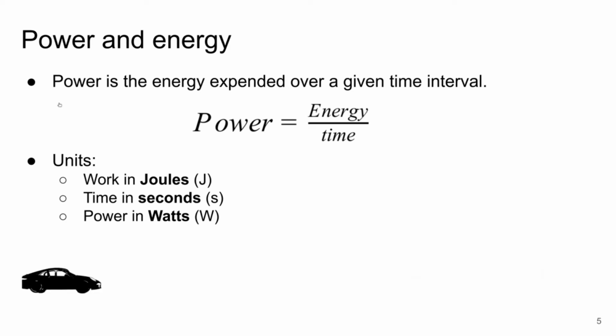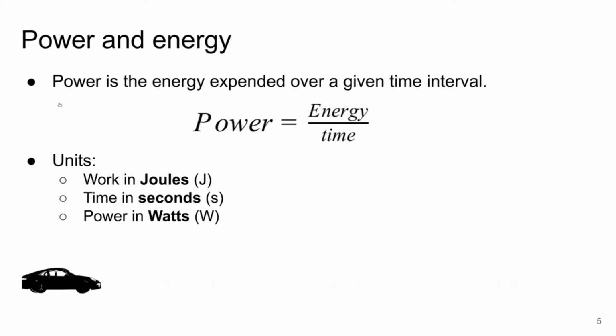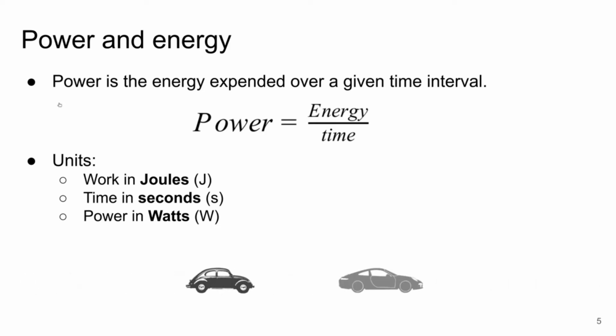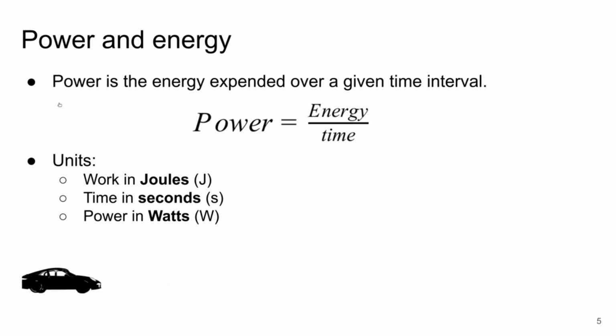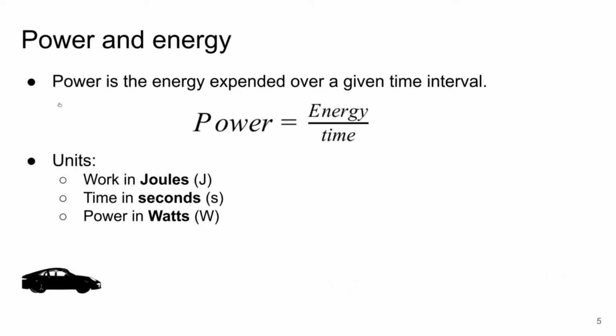Even though it is expending the same amount of energy as the other car, it is doing it in a much shorter time. So in this case, even though we have more power in one car, the amount of energy that is expended for that distance is the same because the time is different.